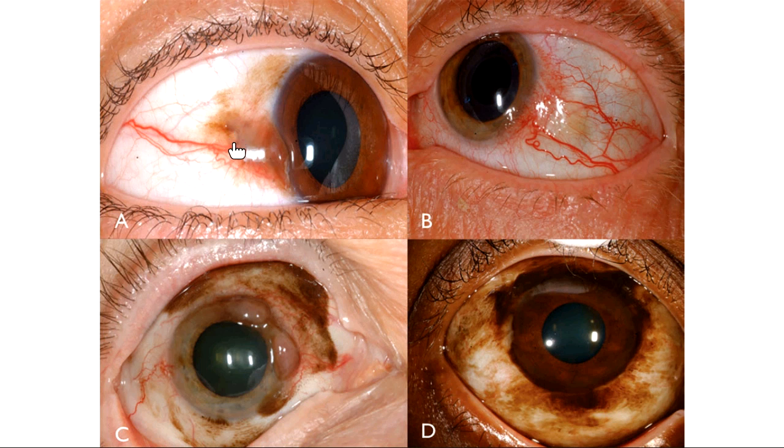So it's on the limbus and it's approaching the cornea, the border of the cornea. And it's at the margin, it's irregular. Yes, it's irregular.